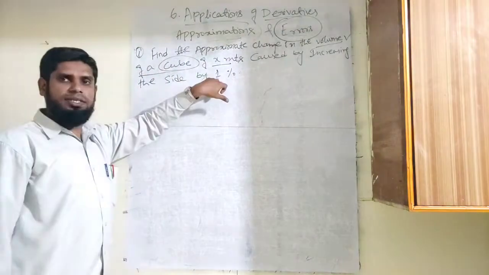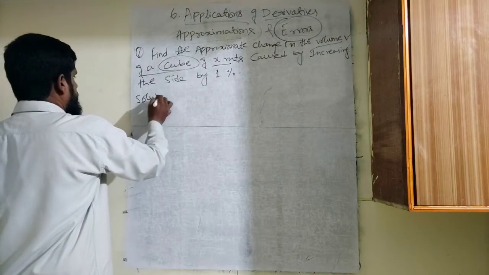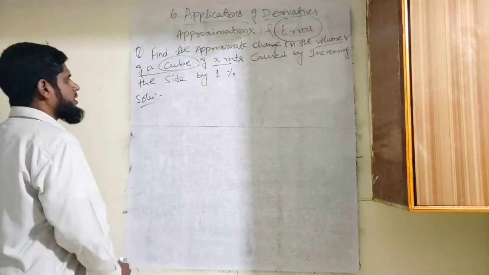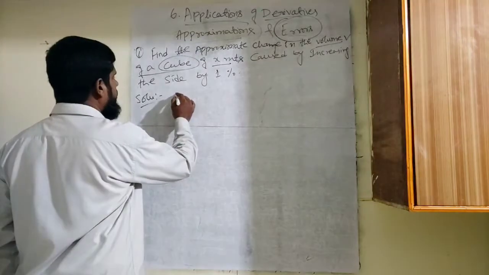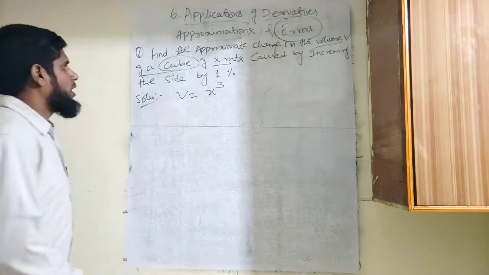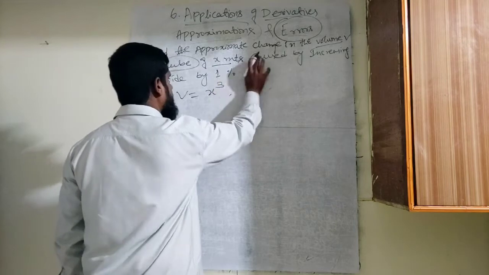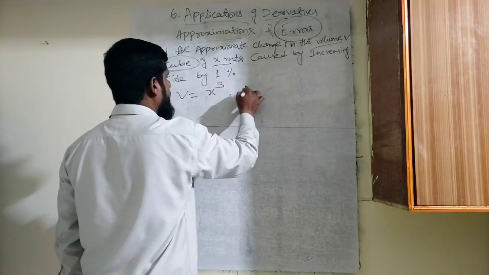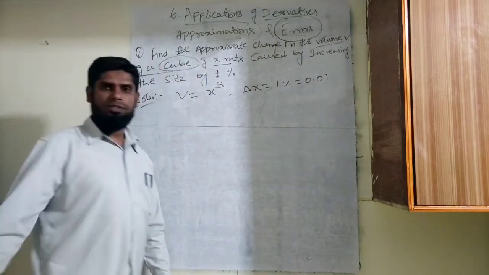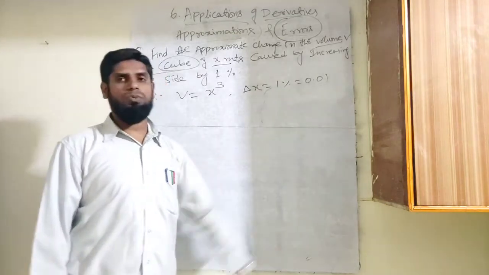The sides are increasing by 1%. So solution, the side is x meters, x is increasing by 1%. So let me take the volume of a cube as side cube, V is x cube, and delta x is 1%, that is equal to 1 by 100, which is 0.01.